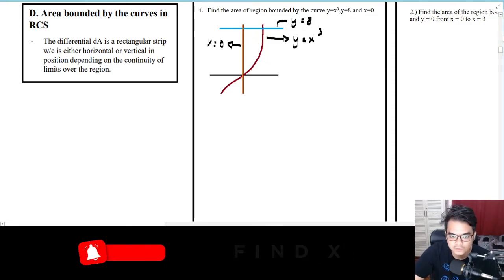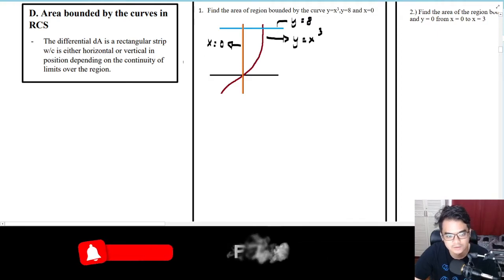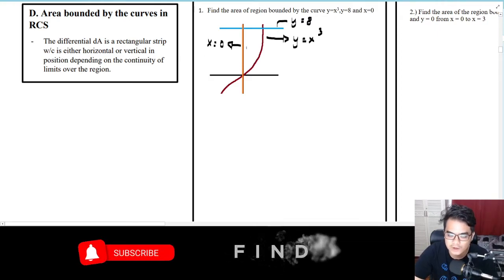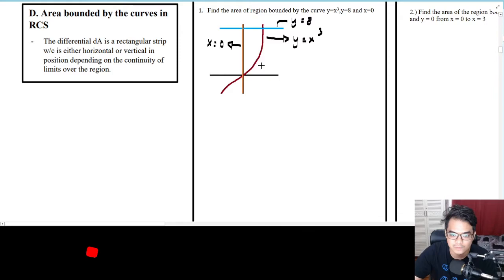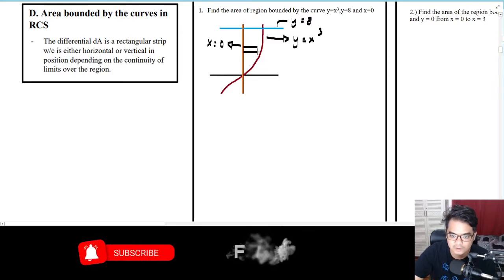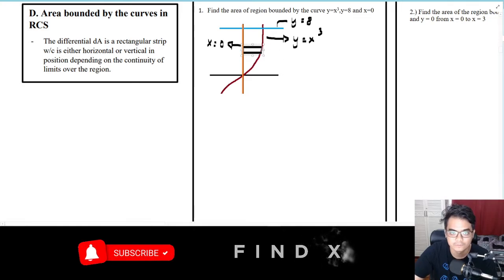And then as you can see from the definition, you have to get the rectangular strip. So let's try to get a rectangular strip here, that one.